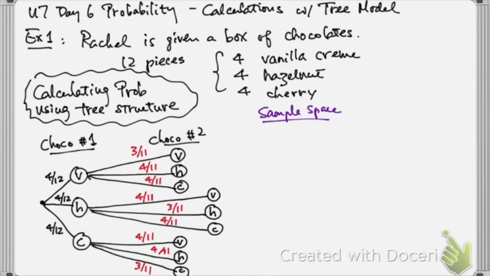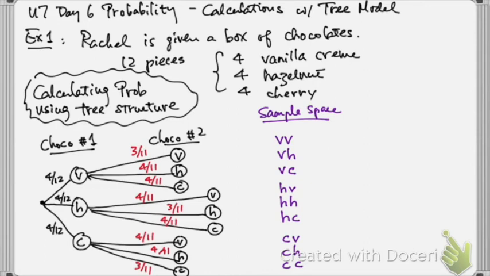So I'm going to have VV, VH, VC, then HV, HH, HC, and CV, CH, and CC.